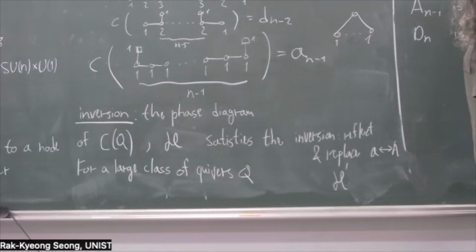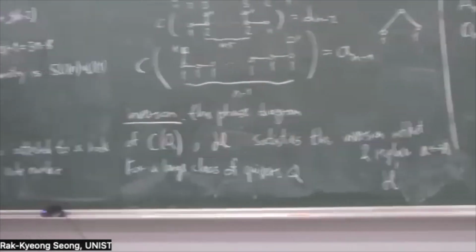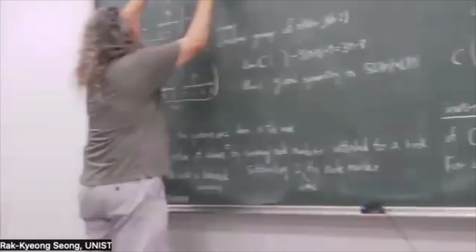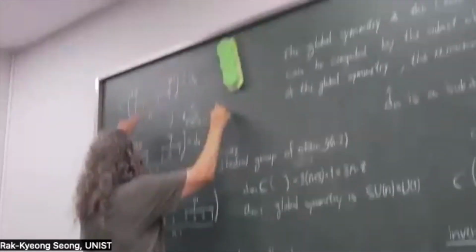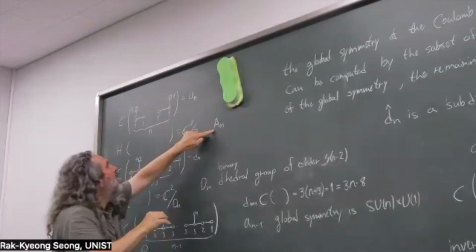There's a question in the audience. As a special case, lowercase a1 is the same as uppercase A1, right? Yes. If you look at A_N, we wrote it over here. A_N is this, and this is A_N. The Higgs branch is A_N, and the Coulomb branch is A_N.